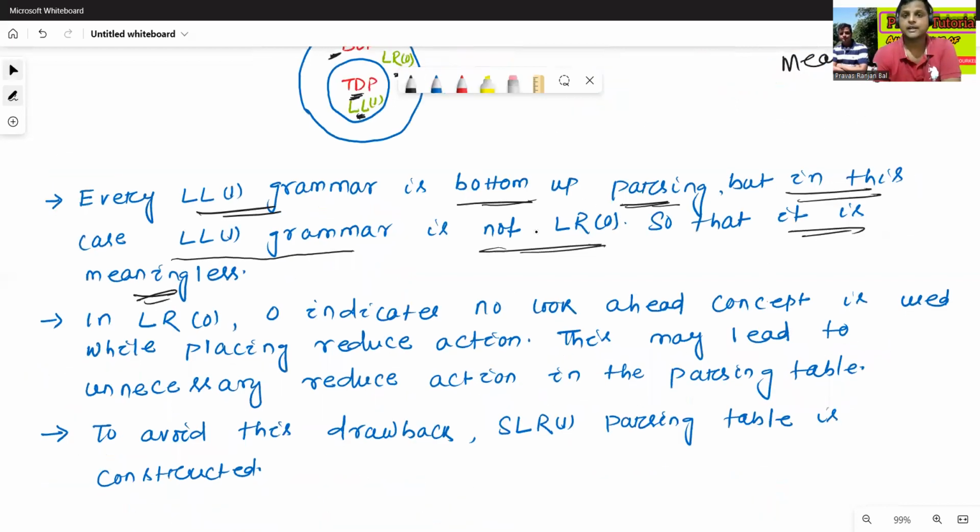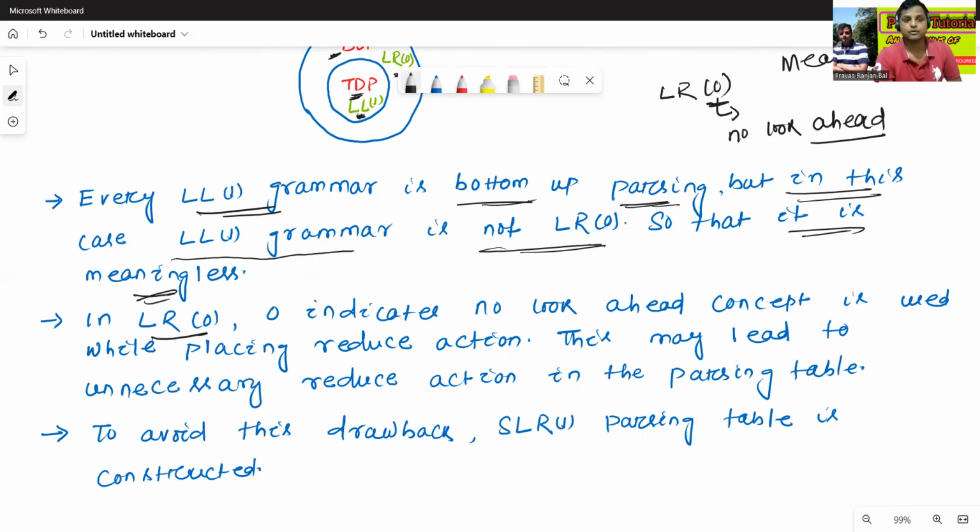Why it happens? In LR0, 0 means no look ahead. Since there is no look ahead concept, we blindly place reduce actions in all action steps. That's why it happens.